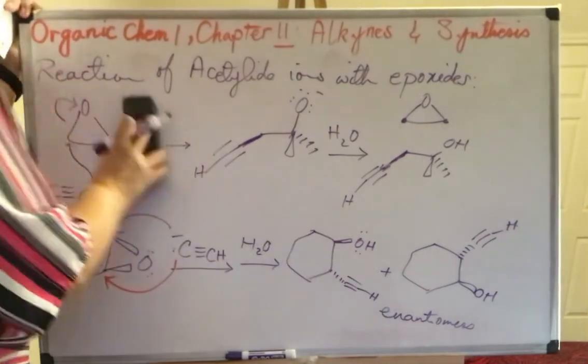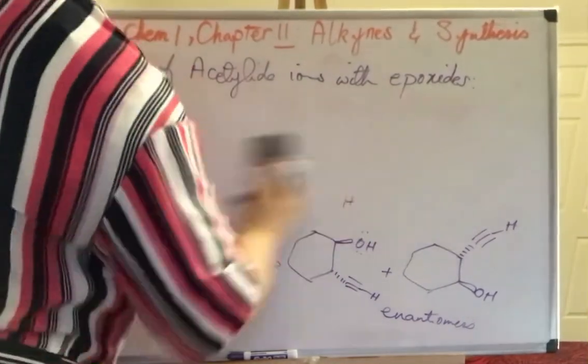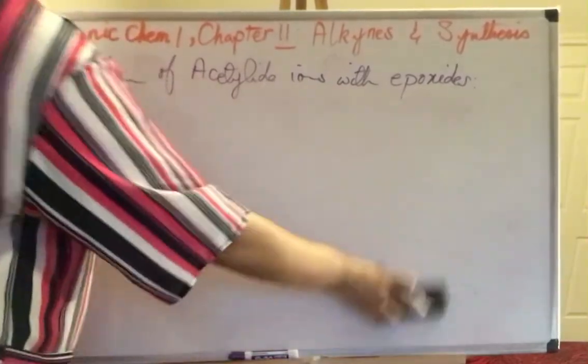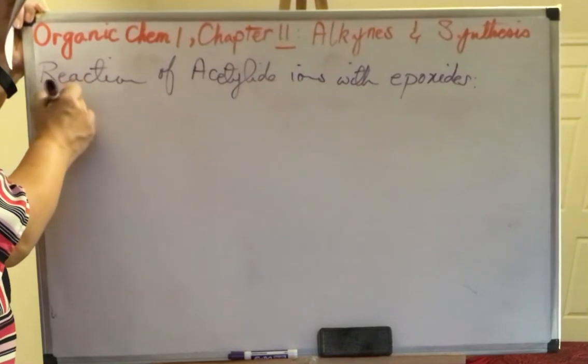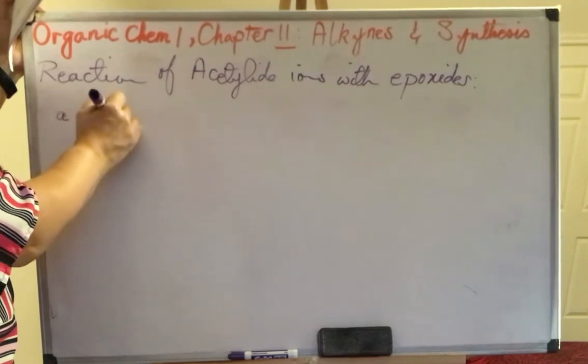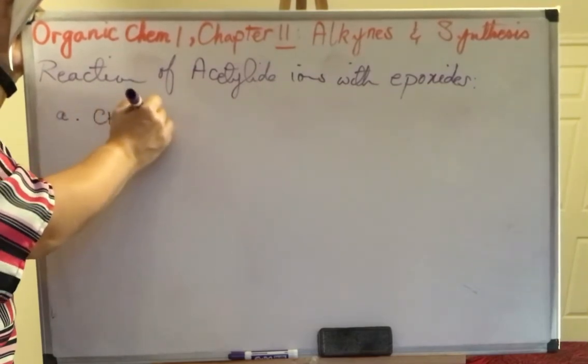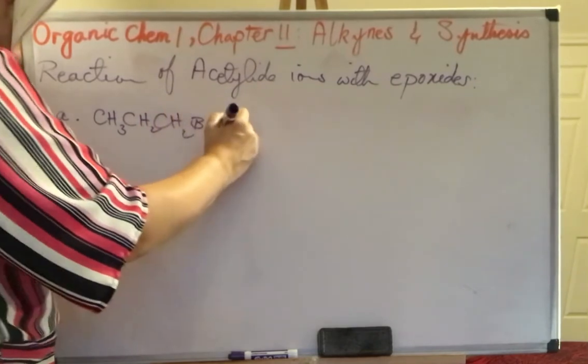So now we can work on some examples on this page. For example, I'll work on CH3, CH2, CH2Br. This is an alkyl halide.